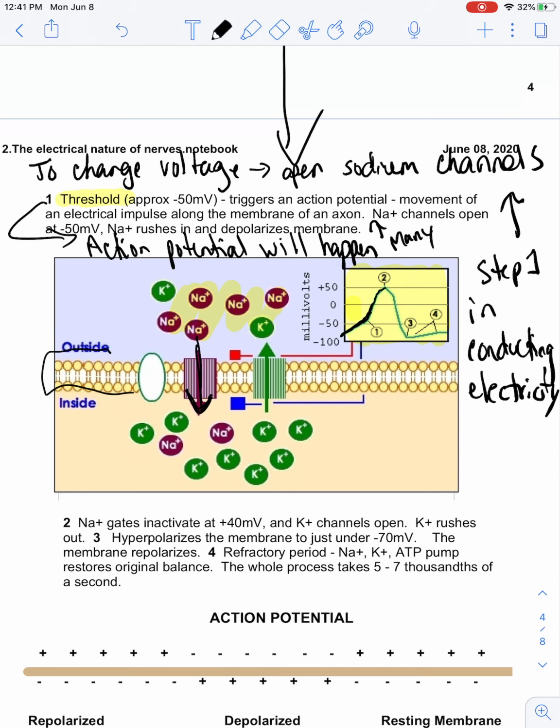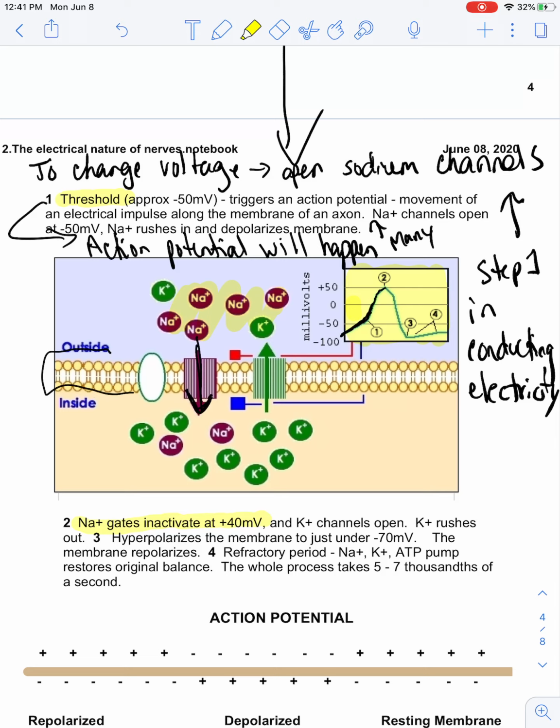And once it hits about 50, 40, it depends on the actual neuron, then that will cause the sodium gates to slam shut. So as soon as it hits that point, sodium gates inactivate. So here it's at +40. Okay, and the sodium gates just shut, so no sodium can get in and cause the charge to go even higher.